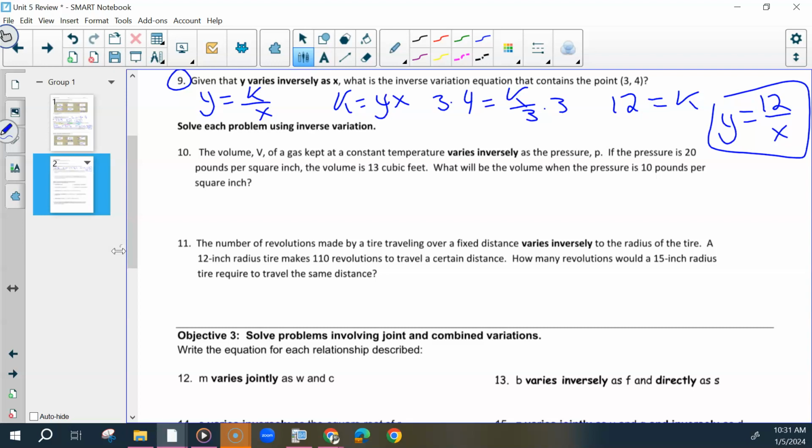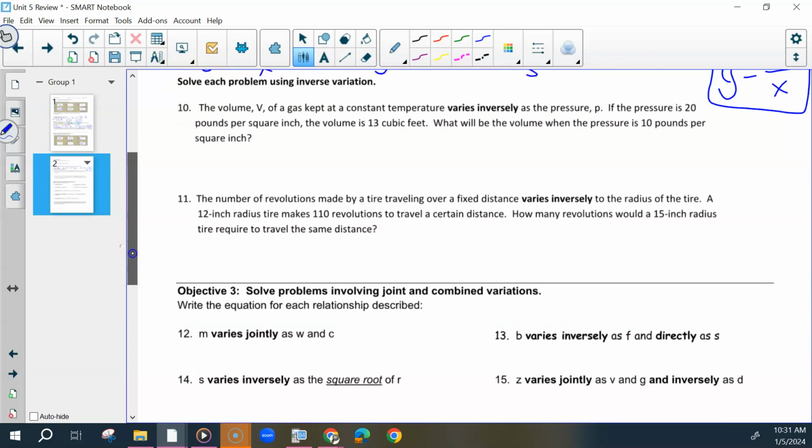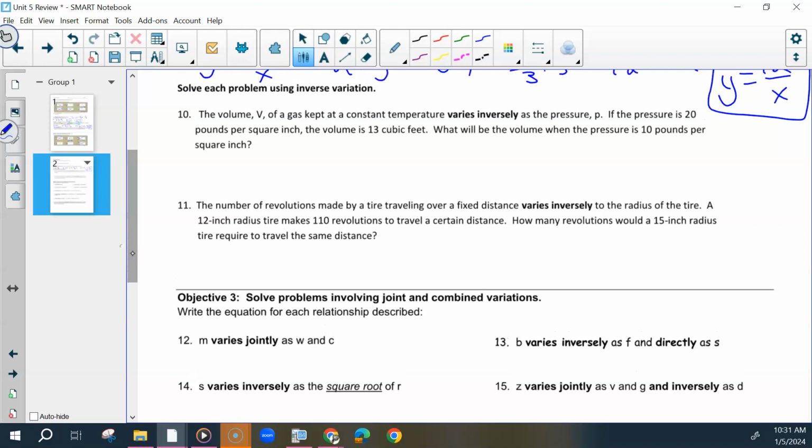This does not have variables, so we can either use y and x or make up variables. What's important here? Varies inversely. So we know how we're going to solve it. Number of revolutions. Fixed distance. The fixed distance is important in general, but not to this, really.